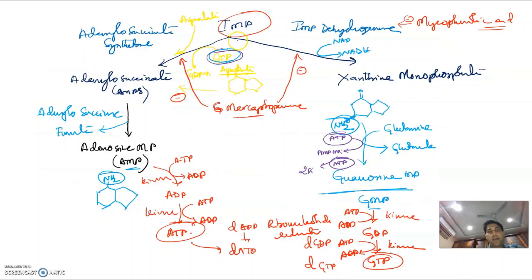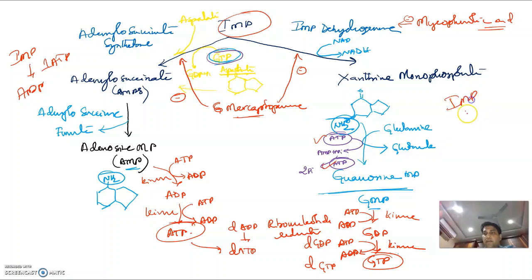Whereas from IMP to AMP, 1 ATP is required. From IMP to GMP, 2 ATPs are required.